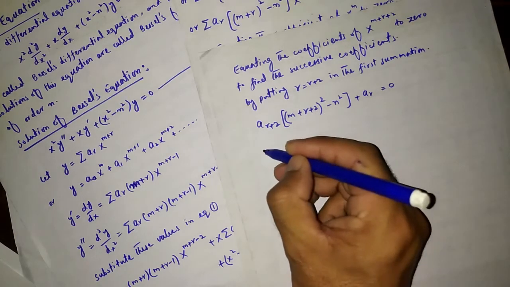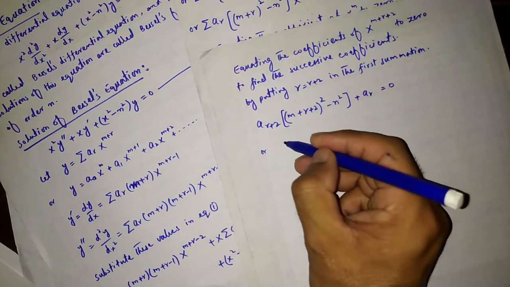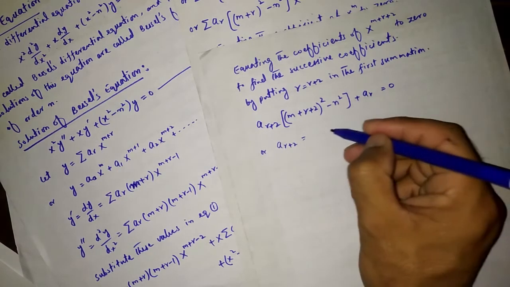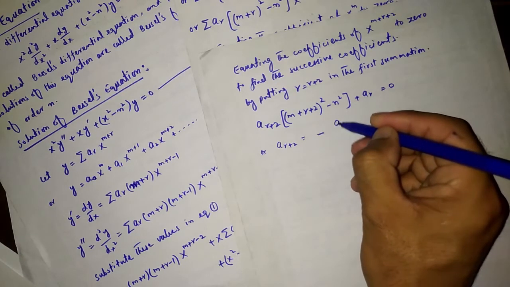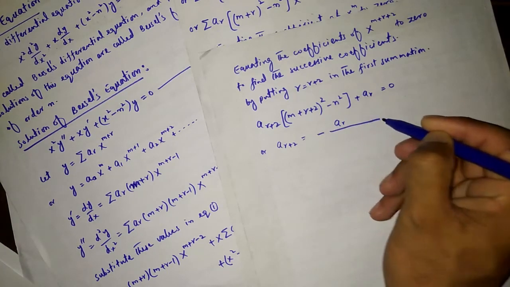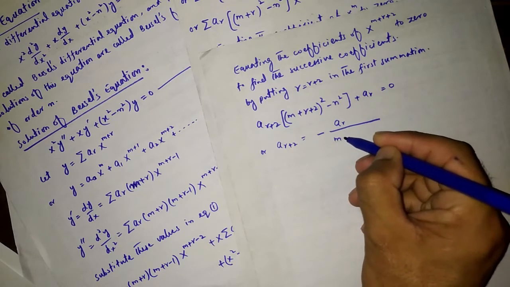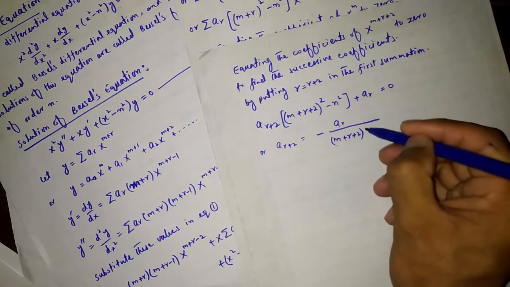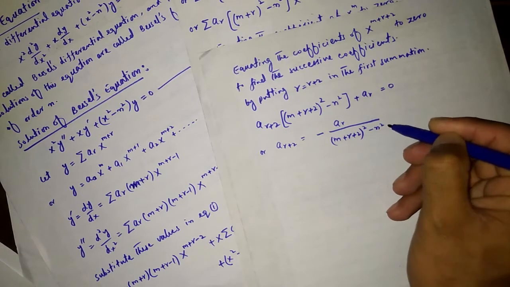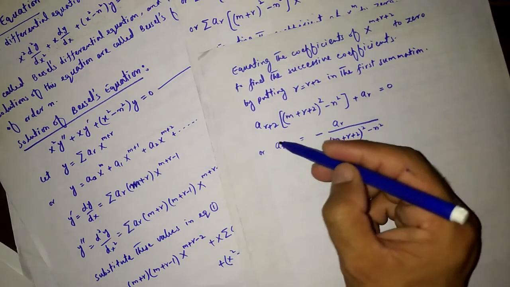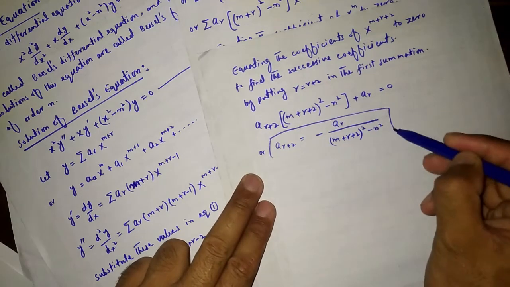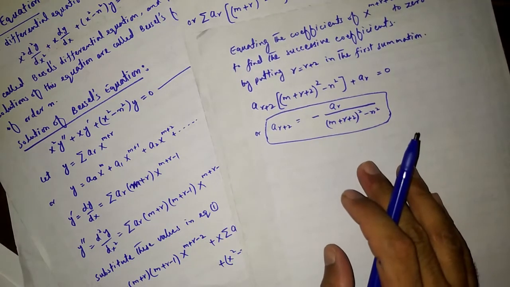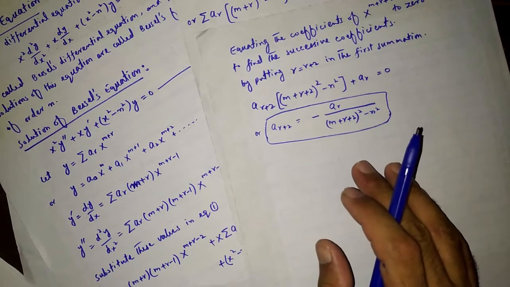So a_(r+2) is equal to minus a_r divided by m plus r plus 2 whole square minus n square. So this is the recurrence formula by which we can find all the coefficients. So we have to memorize this formula.